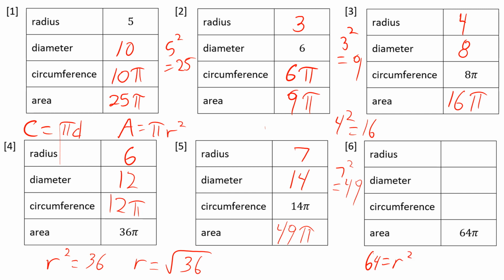And so I know the radius is going to be the square root of 64. So the radius is going to be 8. Right? 8 times 8 makes 64. If I double that, I'll get the diameter. So 8 times 2 is 16. And then for circumference, I just take the diameter times pi, so 16 times pi. And there is the answer written as an exact value.